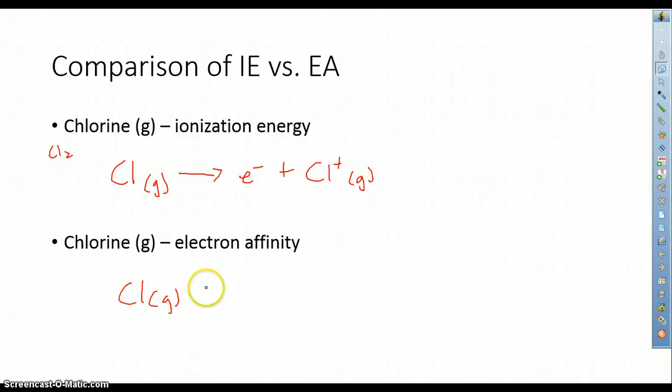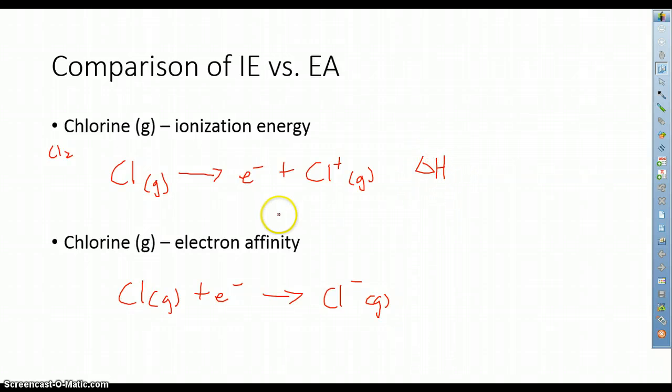But on the flip side, you take a look at chlorine. When you add an electron to it, this is in fact a much more favorable process. That's why you end up getting a Cl minus ion, which is again a good thing for chlorine because it becomes much more stable when it now achieves that octet with the additional electron. In terms of energy, this delta H is going to be, because this is unfavorable, that requires an input of energy, especially also because the definition of ionization energy, that's going to be delta H that is positive.